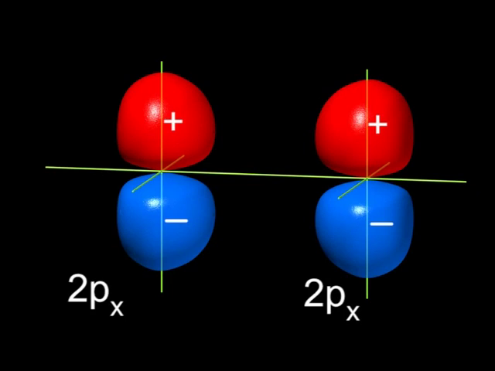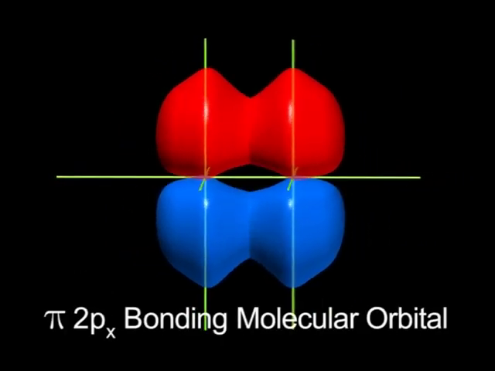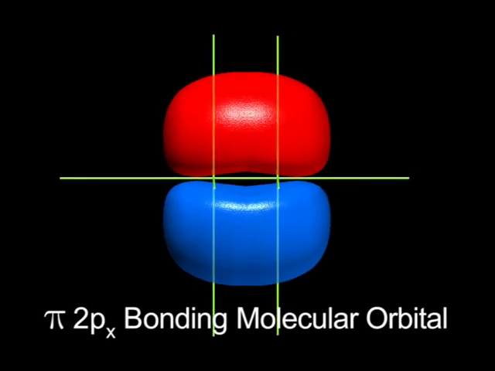The lobes of the 2px atomic orbitals which are facing each other have same signs, plus plus and minus minus of the wave functions, overlap to form pi 2px bonding molecular orbital.